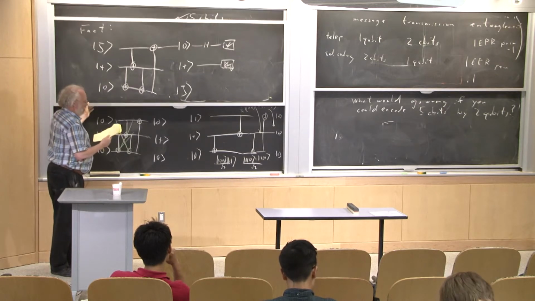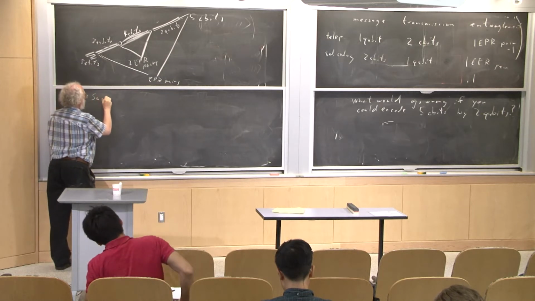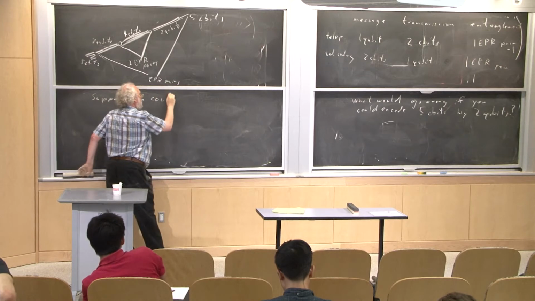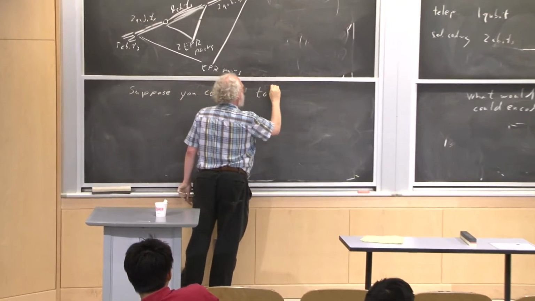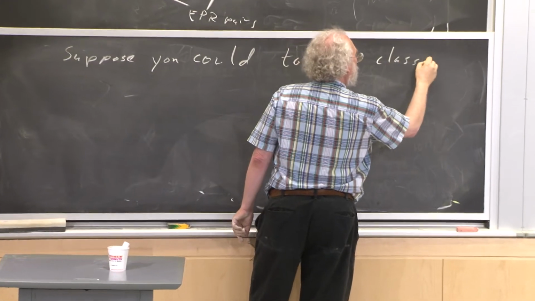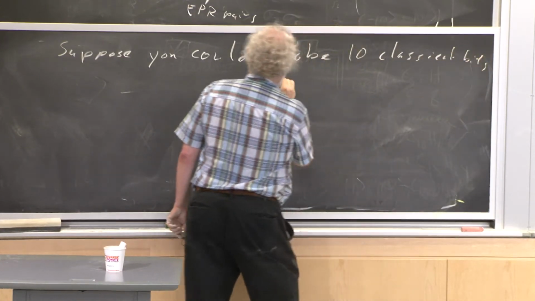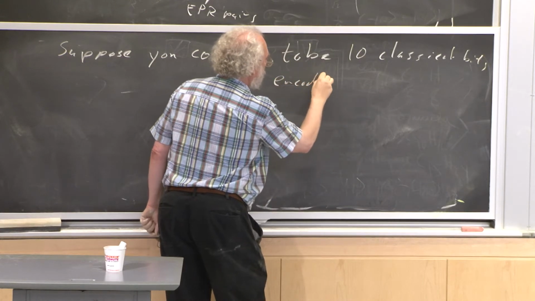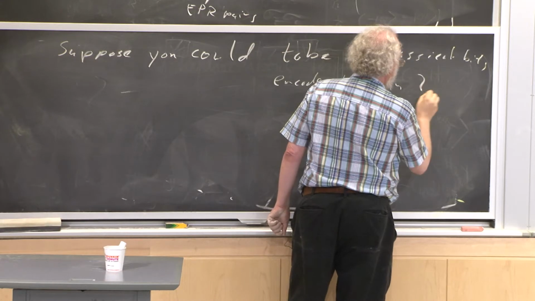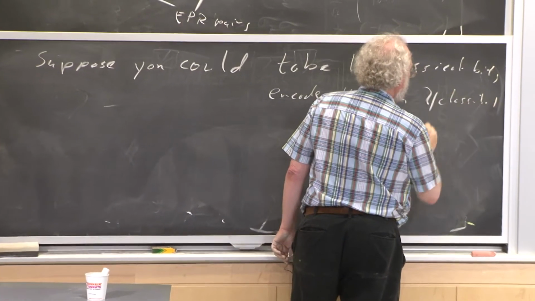And now I want to, let's say, suppose you could take 10 classical bits and code them in 4 classical bits.